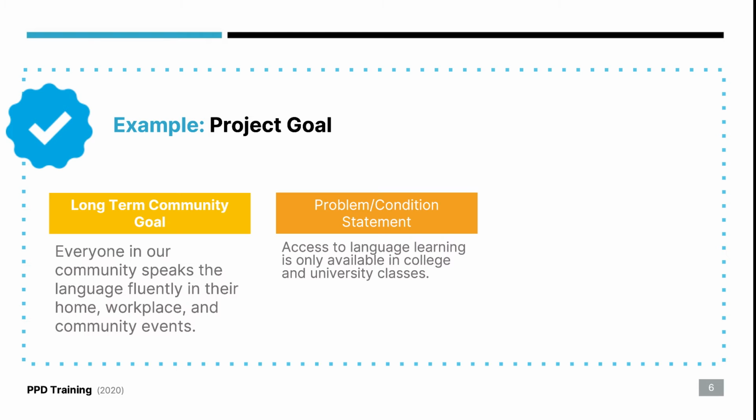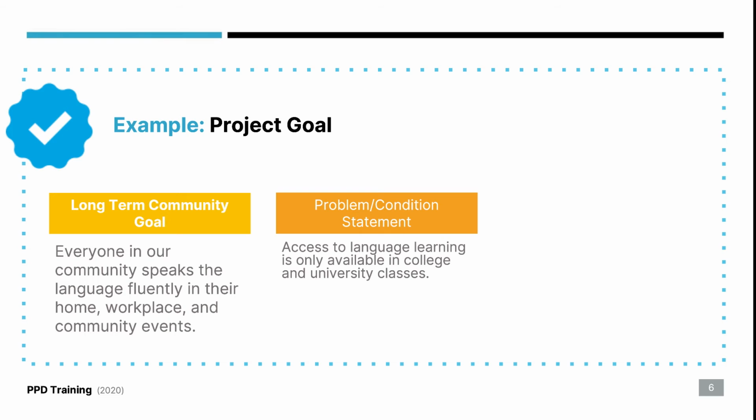So the problem is that access to learning their language is very limited. In fact, it's limited to only college and university classes, which means it's only limited to students who are paying tuition or who have been accepted into college and the university, right? So we've already identified it's a very niche population.